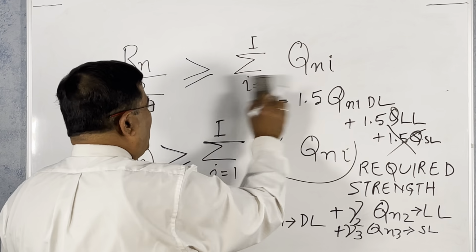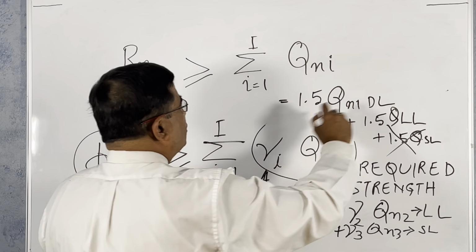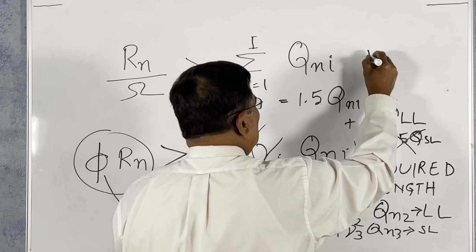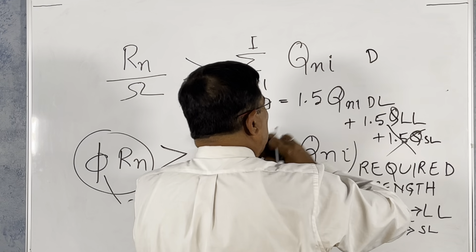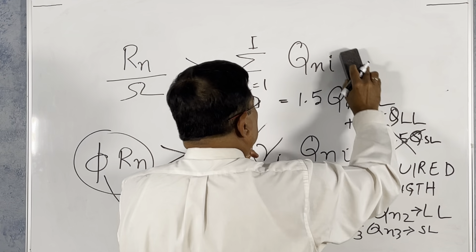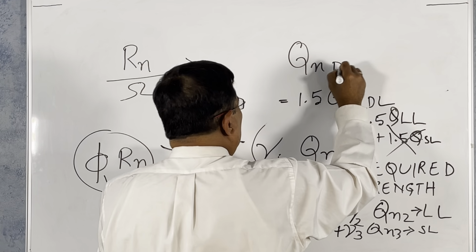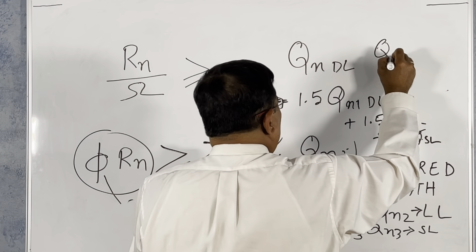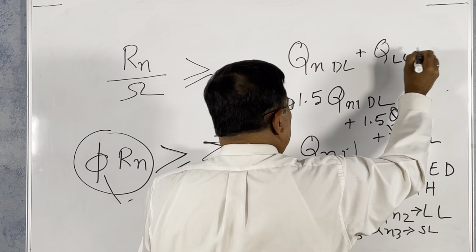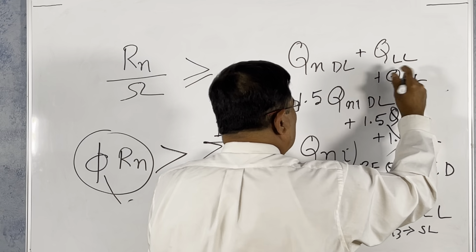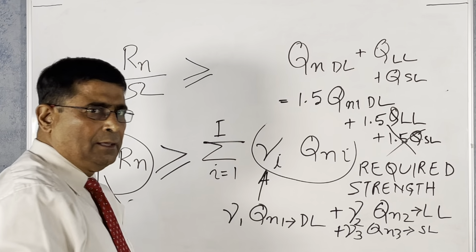But here in working stress, you don't do any multiplication. You simply say it is Q for dead load, Q for live load, Q for snow load, like that. Do not multiply.